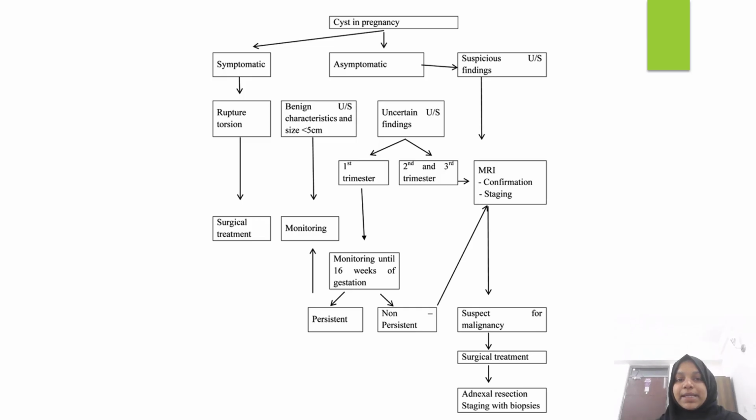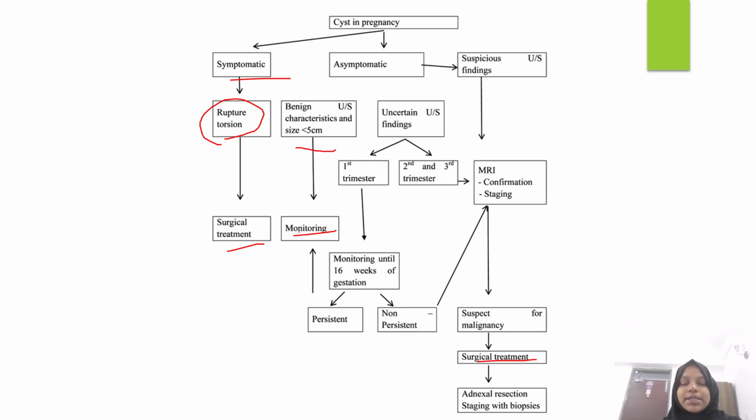If it's asymptomatic but there are suspicious ultrasound findings, and you suspect malignancy, you have to treat surgically. If it's symptomatic, like there is torsion, again you have to treat surgically. Uncertain ultrasound findings or benign ultrasound findings with size less than 5 centimeter require just monitoring and surveillance.